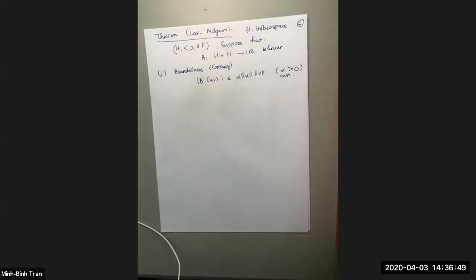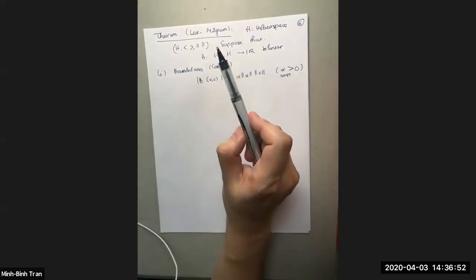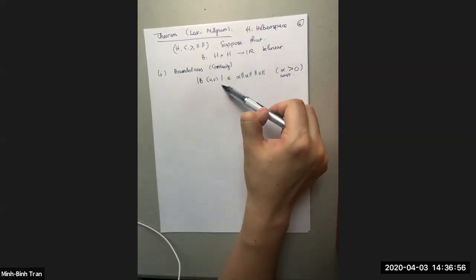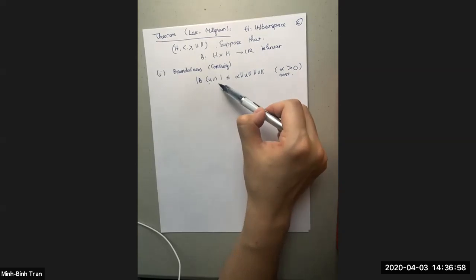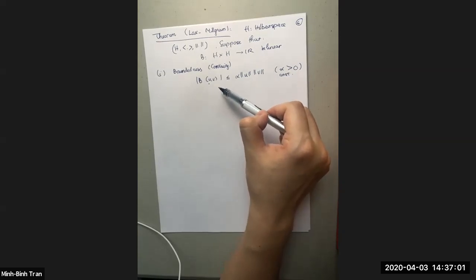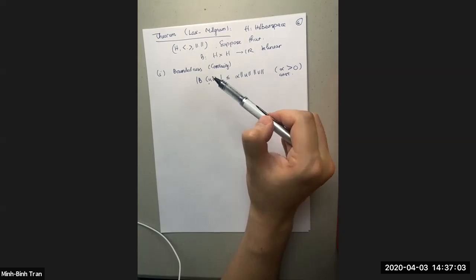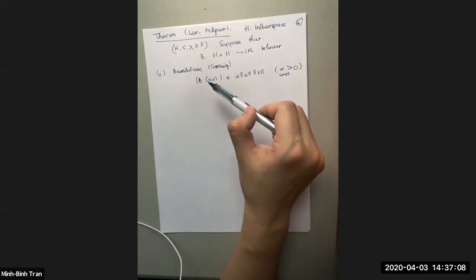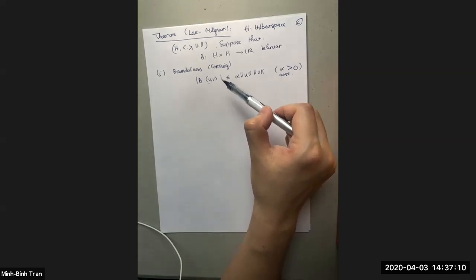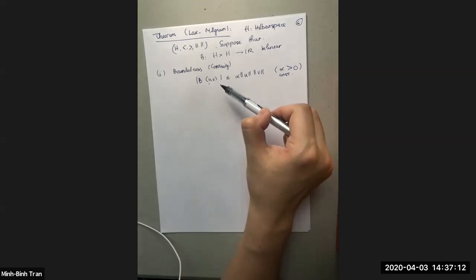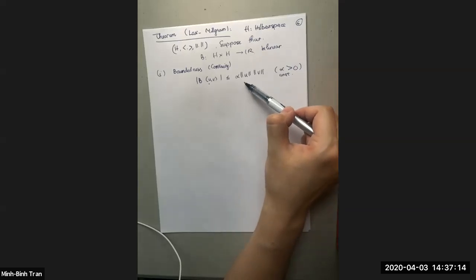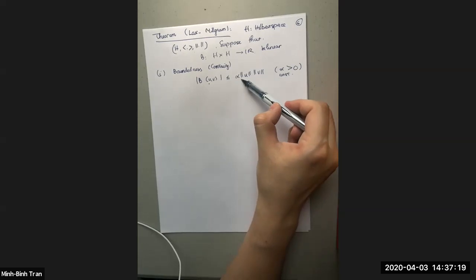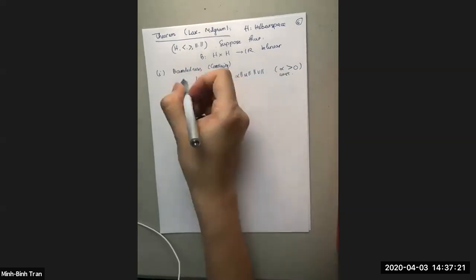So H is a Hilbert space, and this is a bilinear form in the sense that this is linear in U and this is also linear in V, right? So this is bounded in the sense that if you take the absolute value of B(U,V), it is going to be smaller than the norm of U times the norm of V, up to some constant alpha, which is positive, right?